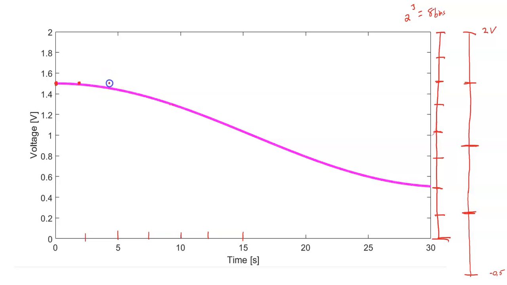And so that value would get binned as 1.5. And then at 7.5 seconds, or somewhere here, we're still closer probably to 1.5 than we are to 1.25 because we're right at like 1.4. So we would be rounding up.